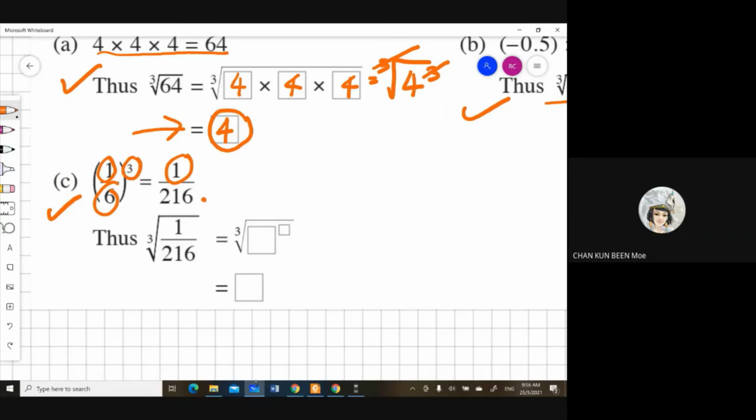So the cube root of 1 over 216 is the cube root of, you see they ask you to fill in the power over here, meaning that the power must be 3. So what should we fill in here in the box? It's supposed to be 1 over 6. Then you cancel the cube root with the cube. Therefore, the remaining answer is 1 over 6.